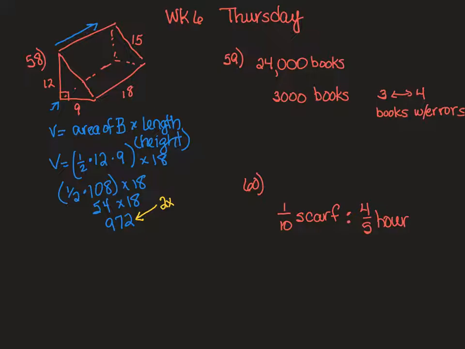Now I want to look at the volume if we were doing a rectangular prism, which they have bunches of. I'm going to quickly draw one here. This is the base. So I have length times width times height.